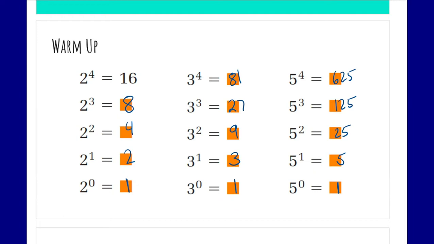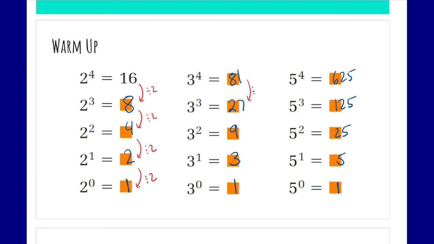Do we see a pattern here? Do we see a pattern as we go down, or as our power or exponent decreases by 1? Do we see anything that's happening here? Well, if we go through, this is dividing by 2, dividing by 2, dividing by 2.